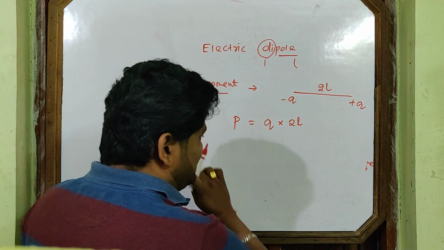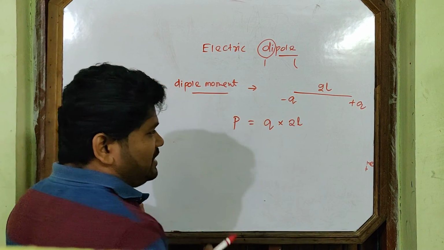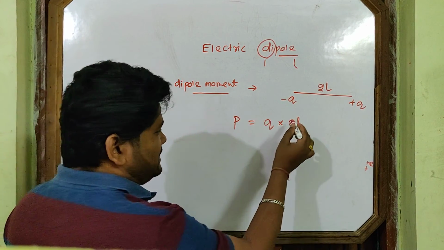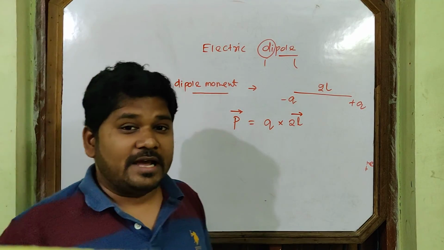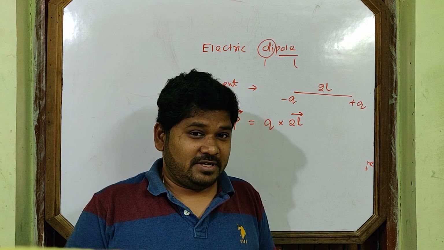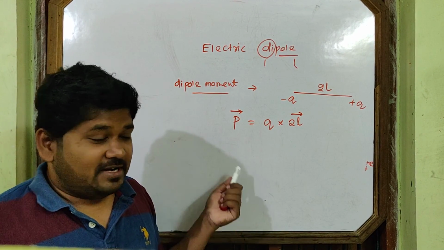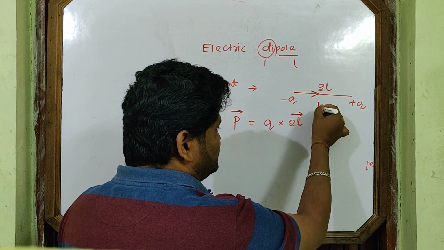Is it scalar or vector? Charge is scalar, you know. But what about this 2L? L is a vector, so the dipole moment is a vector quantity. If it is a vector, the question is where its direction is. Its direction is from minus q to plus q.